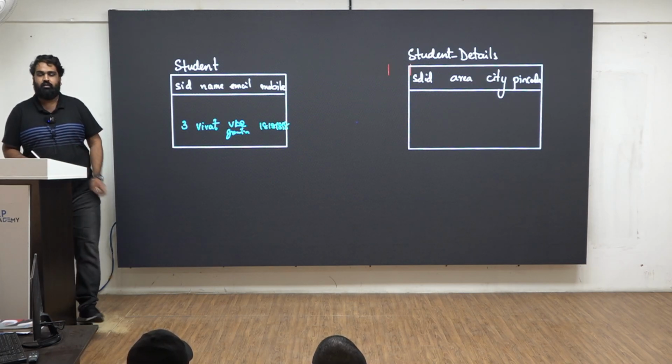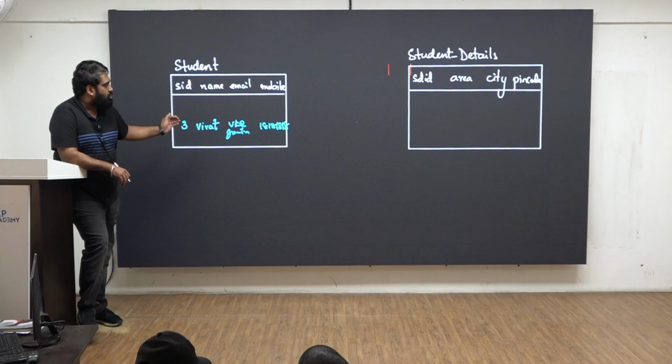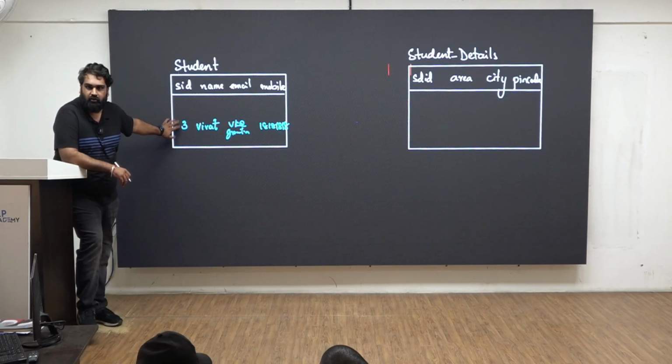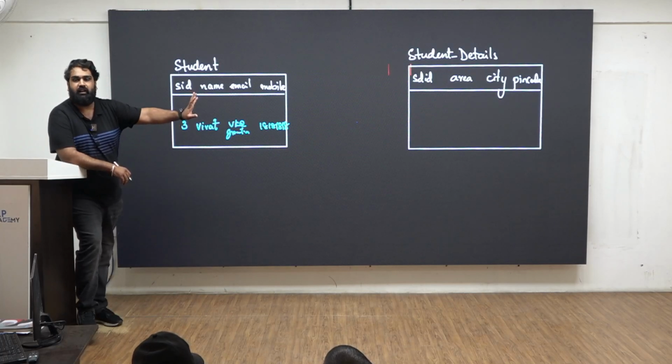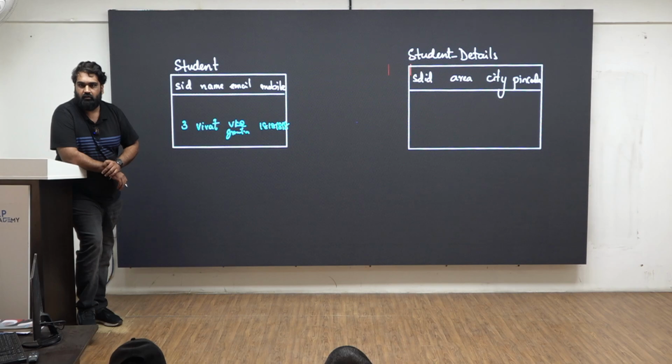In this way, some details I want to insert. Whenever I insert these details related to the student, there also has to be some relevant student details which have to be entered.